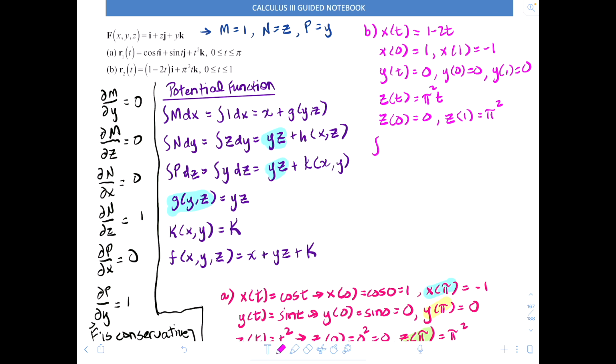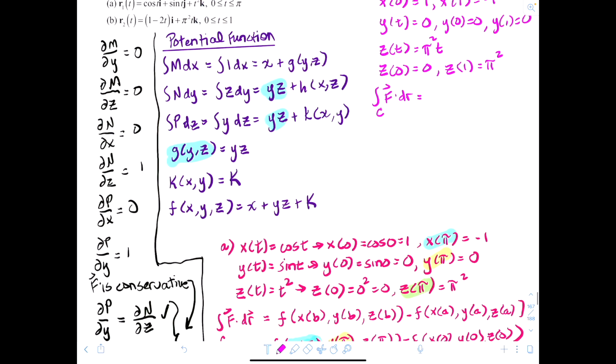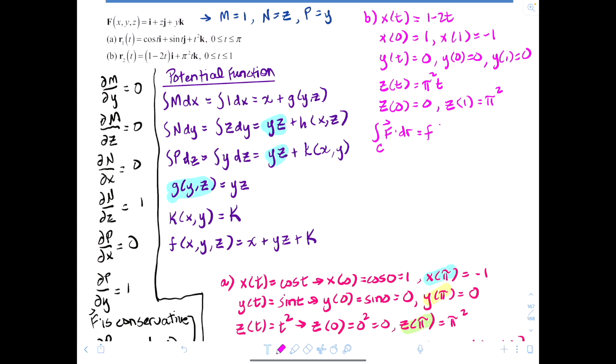So our line integral over this curve here, f dot dr, is going to equal f at x at b, y at b, z at b, minus f at x at a, y at a, z at a.